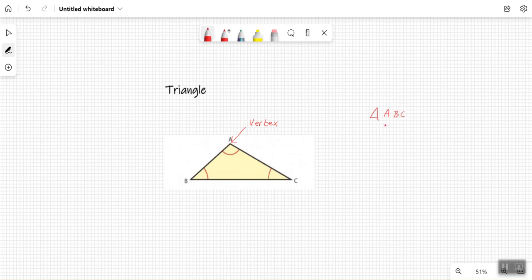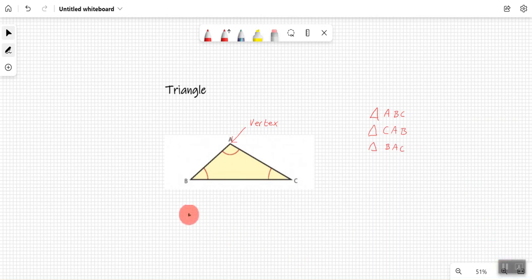Or it could be something like CAB, or even BAC. Once this symbol is beside it, this indicates that you're talking about a triangle, and it'll generally list out the 3 points of the triangle. That's how you name a triangle when you're looking at questions.